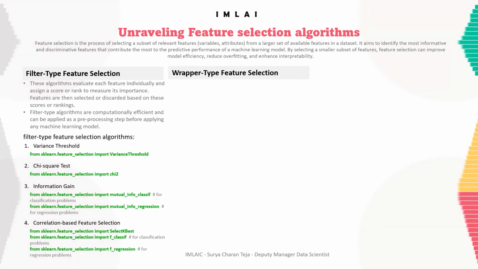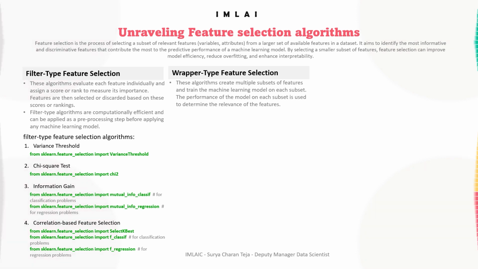So these algorithms create multiple subsets of features and train the machine learning model on each subset. The performance of the model on each subset is used to determine the relevance of the features. Wrapper type algorithms typically involve a more exhaustive search of the feature space and can be computationally expensive.